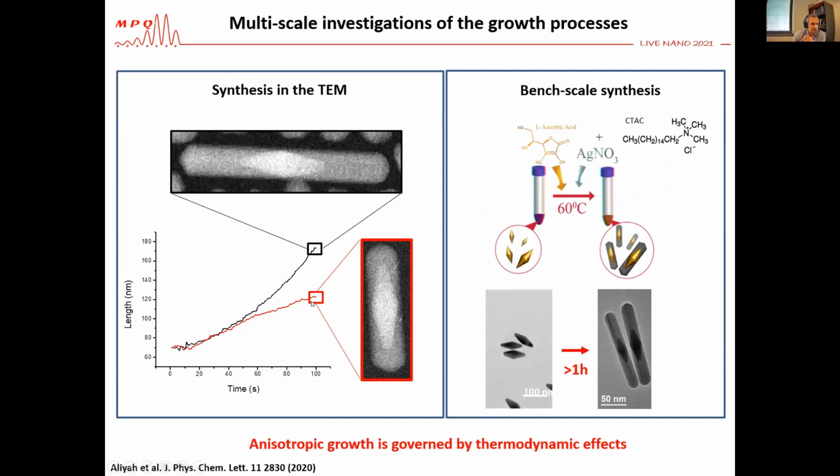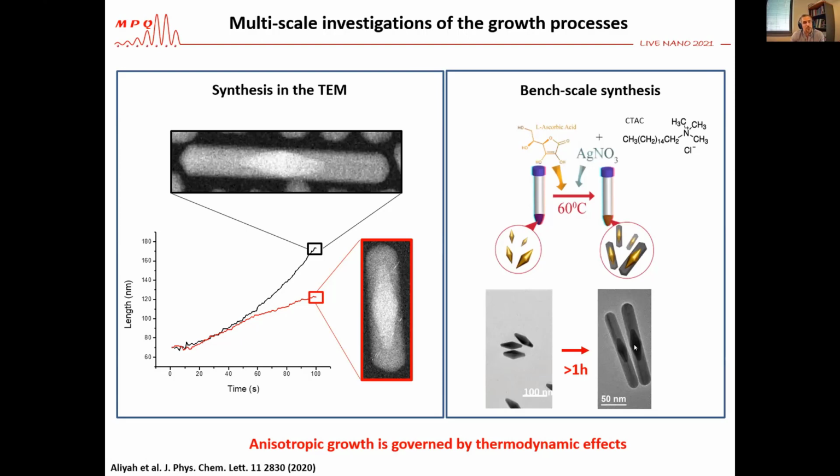You have some variability, but whatever the growth speed of those nanoparticles, we always obtain those very nice nanorods. And what is very interesting is that in the beakers, my colleagues, it takes about 1 hour to transform the bipyramidal seed into the nanorods. So we clearly see that the reaction kinetics does not affect at all the final shapes of the nanoparticles. So it tells us that the anisotropic growth is not governed by kinetics, it's in fact governed by thermodynamics.